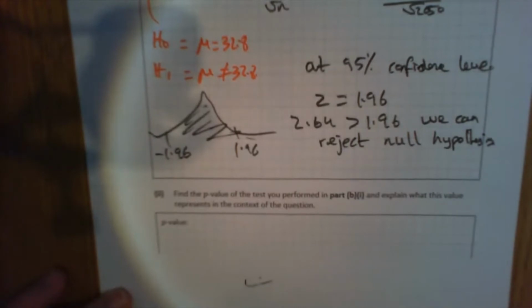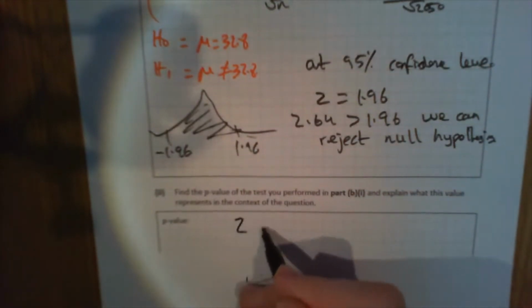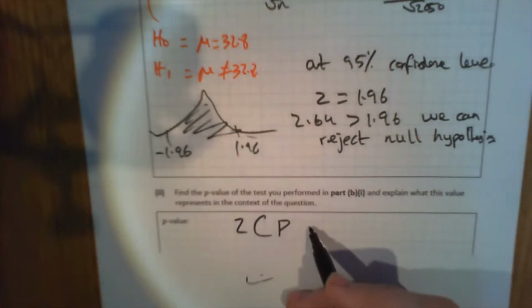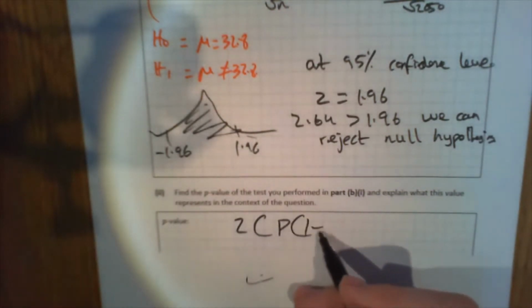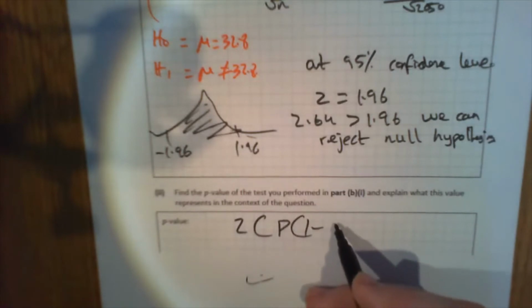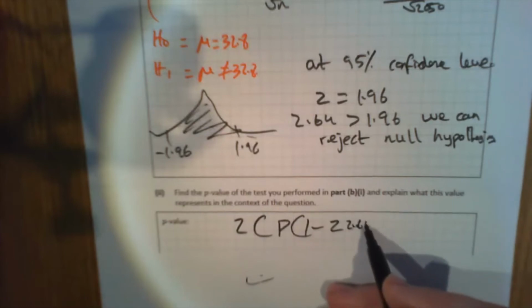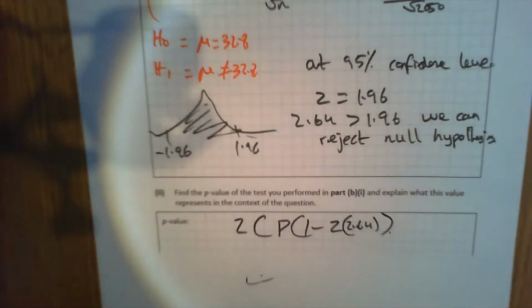Okay, so let's work out the Z score of 2.64. It's 2 times the probability of 1 minus a Z score of 2.64. So that's what we're really looking for.